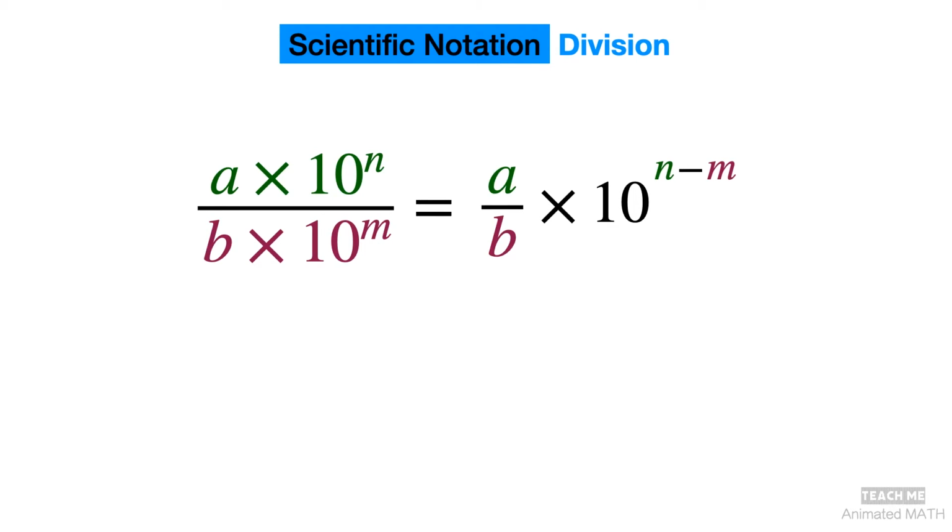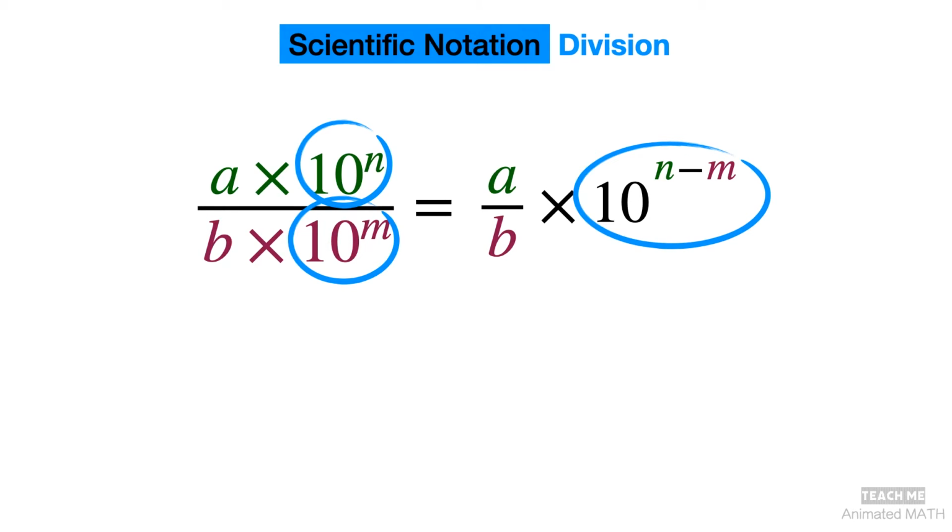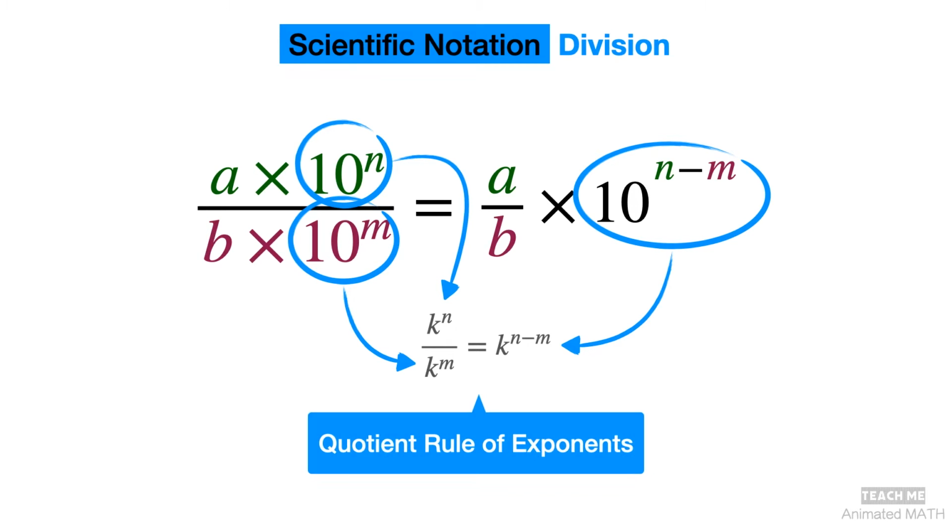And the quotient from the scientific notation division is a over b times 10 raised to n minus m. This concept is from the quotient rule of exponents. And if you can remember this law, then doing scientific notation division will be a walk in the park.